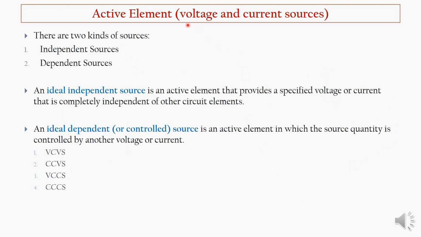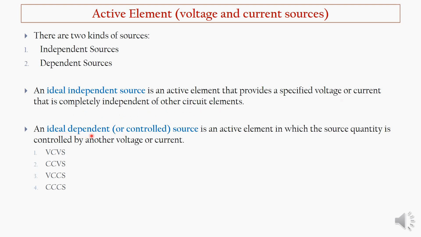So let's talk about voltage and current sources which are active elements. There are two kinds of sources: independent sources and dependent sources. What is an ideal independent source? Basically it is an active element that provides a specified voltage if it is a voltage source, or a specified current if it is a current source, which is completely independent of other circuit elements.